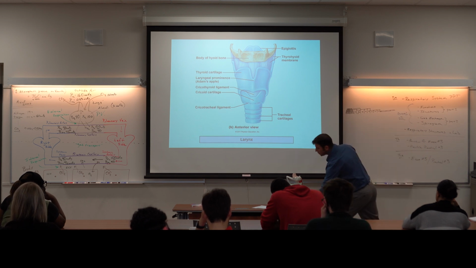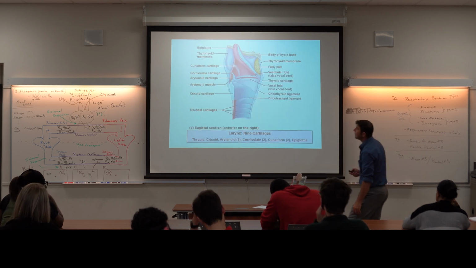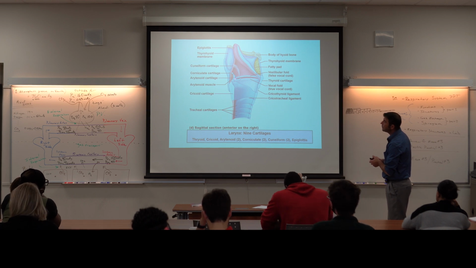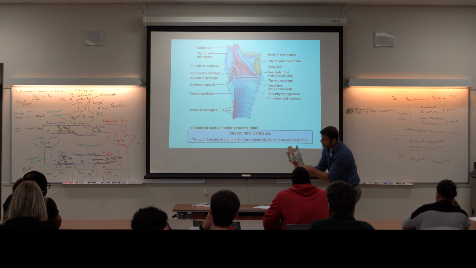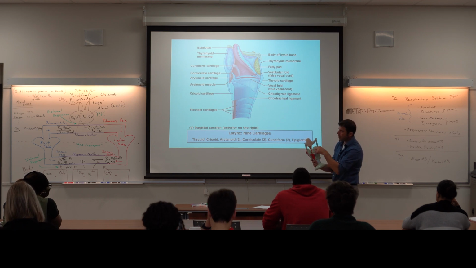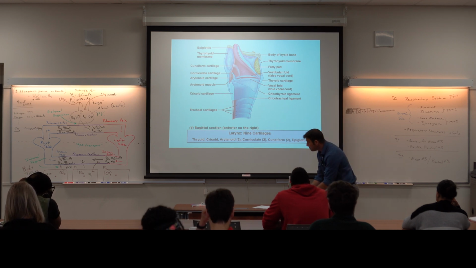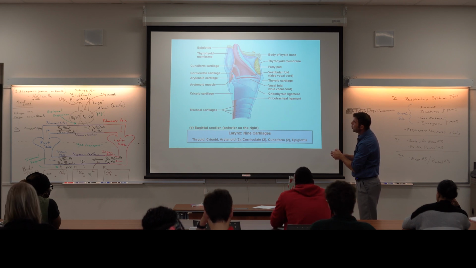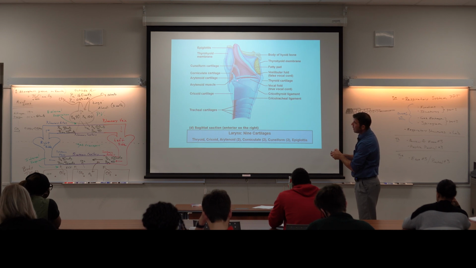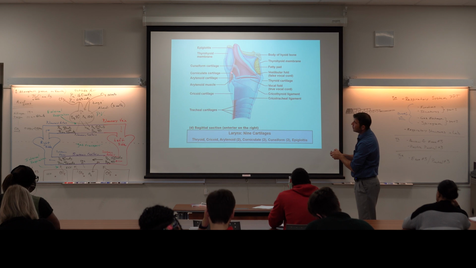And then if we can turn this model around to the back side, you can see two other pieces of cartilage here, and you can actually grab onto them right here. These larger pieces of cartilage have this little L shape to them. This is called the arytenoid cartilage. And at the very tip of that arytenoid cartilage, there's a little piece of cartilage that looks like a tooth.